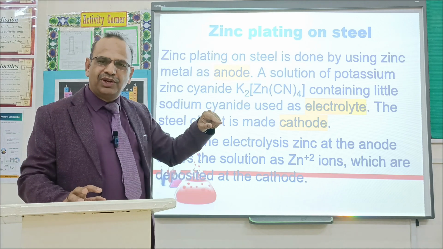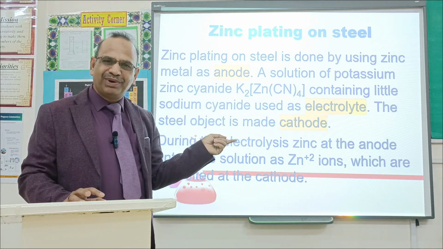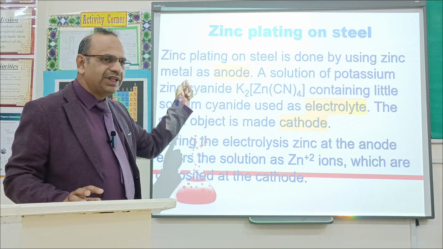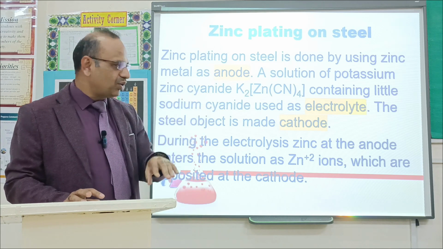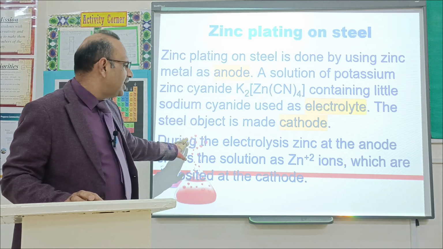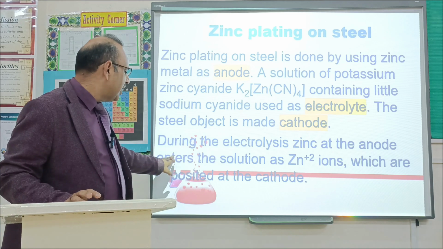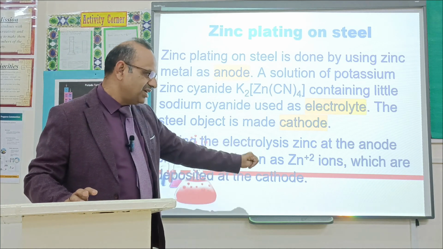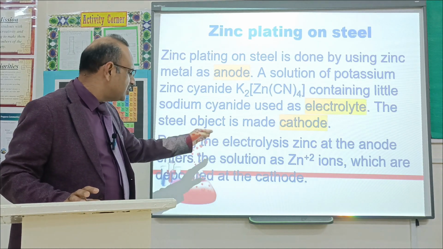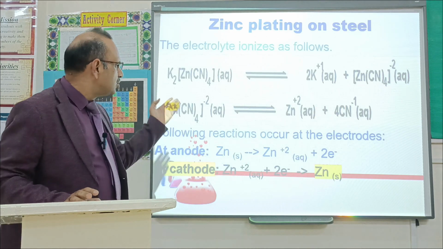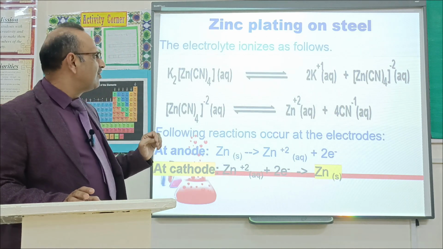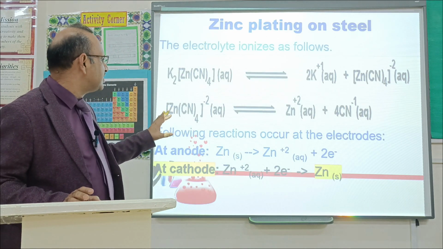The cathode is connected to the negative terminal of the battery, and the anode is the metal which you want to electroplate. During electrolysis, zinc at the anode enters the solution as zinc ions, which are deposited at the cathode. Look at the reactions for zinc plating on steel.